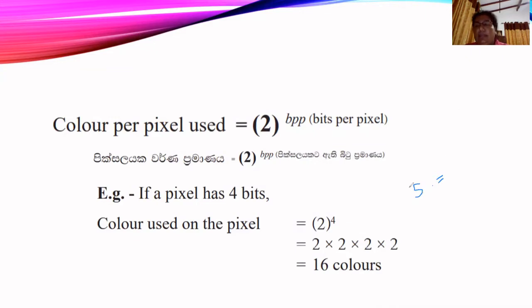Yashin, there is a picture where each pixel has 5 bits. So I am asking how many colors in a pixel? 32. Very good. If there are 5 bits, 2 to the power 5 is 32 colors in a pixel, right? This is very good. Thank you so much, Yashin.